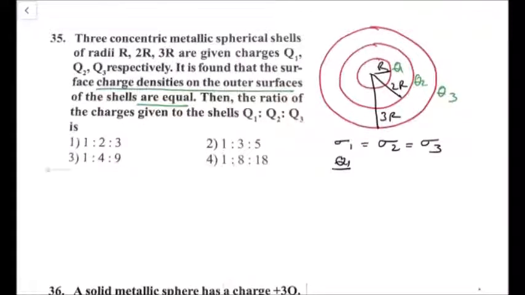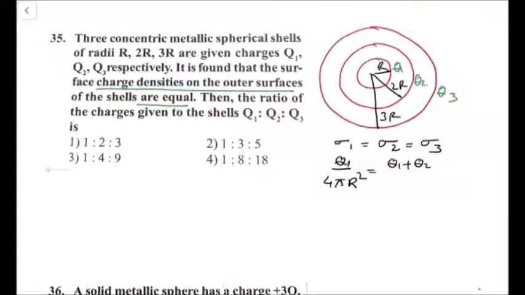So you can write for the first sphere q1 by area, nothing but 4 pi r square, and on the surface of the second sphere, according to Gaussian law, a Gaussian surface encloses the total charge of q1 plus q2.